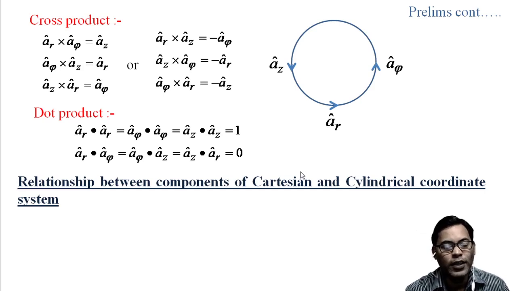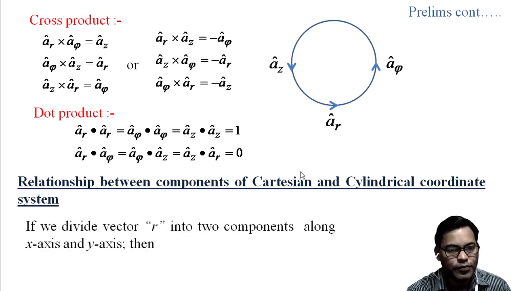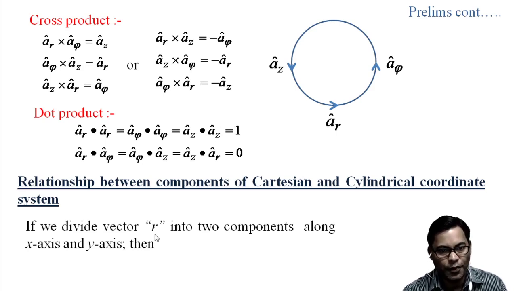So that is why here we are going to see how to transform the problem in one coordinate system to the other coordinate system. Now if we resolve the vector r, we will see in the next page the diagram.